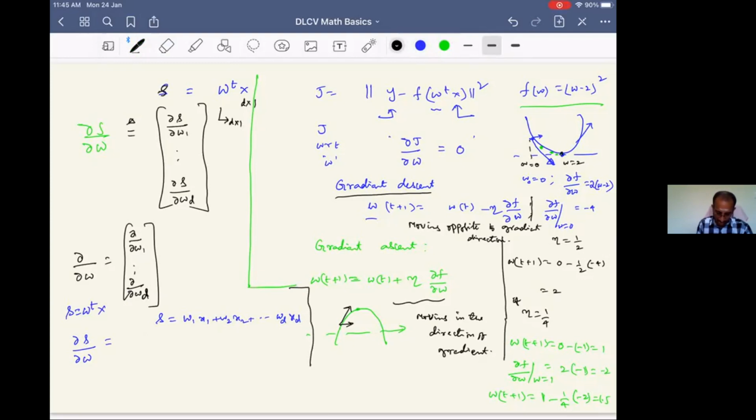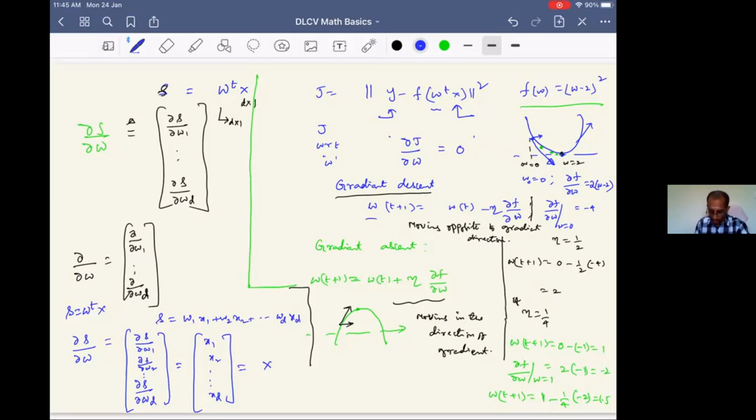So now ∂S/∂W is nothing but ∂S/∂W1 up to ∂S/∂WD. What is ∂S/∂W1 now? It is X1. Then ∂S/∂W2 is X2, and so on up to ∂S/∂WD, which is XD. That's all. So ∂S/∂W is nothing but the vector X. Hope this is clear.